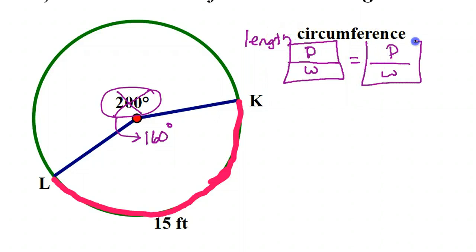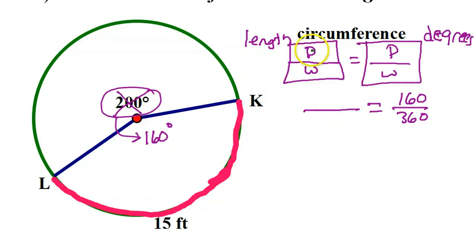Over here on the right side, as usual, we'll be doing degrees. Let's do the degrees first because they're easy, now that we switched from 200 to 160, so watch out for that. So 160 degrees over 360 degrees.